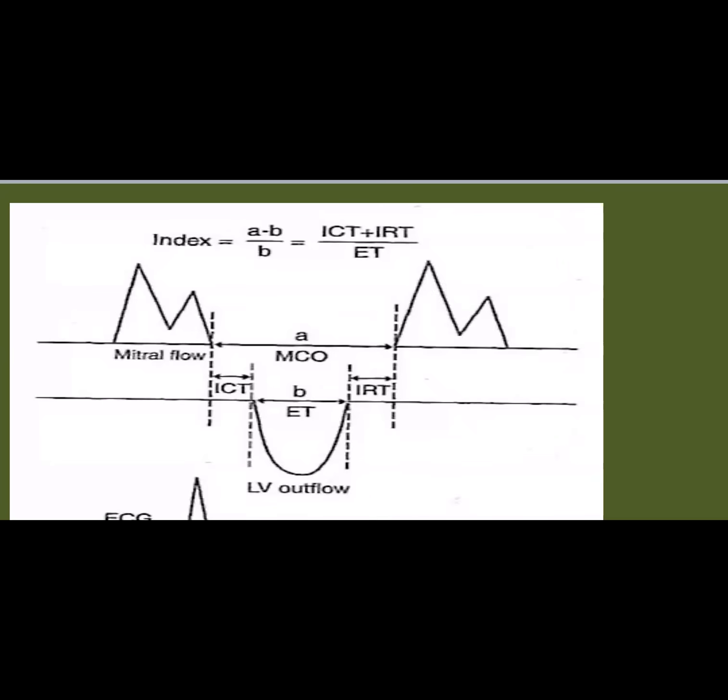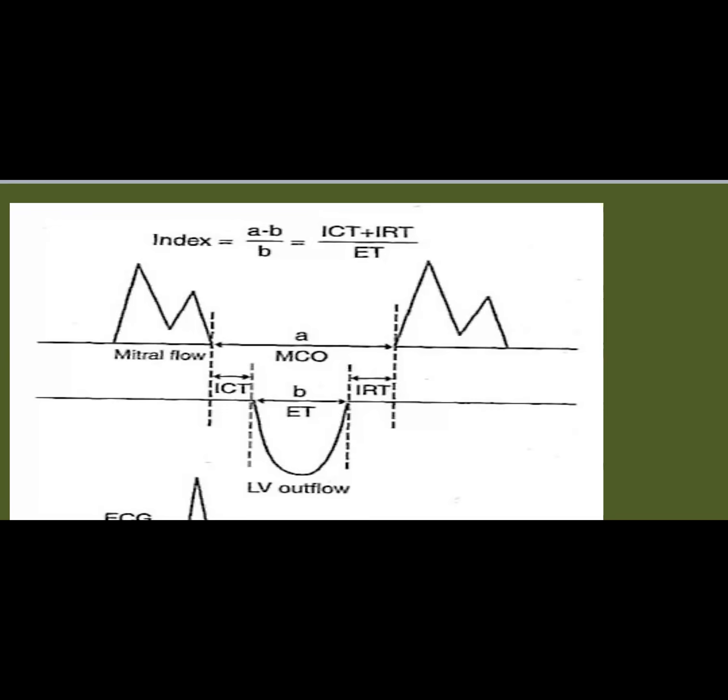And this will depict like this one here. Between the mitral inflow and the LV outflow, there is a brief empty flow period, which is the isovolumic contraction time. And between the end of the LV outflow and the start of the mitral flow, there is an empty flow period, which is the isovolumic relaxation time.